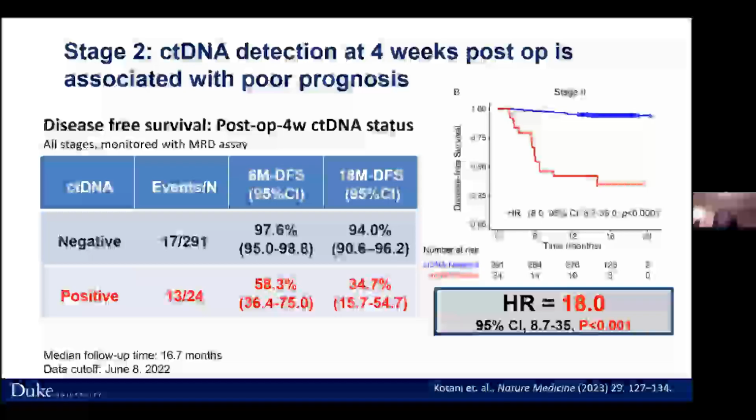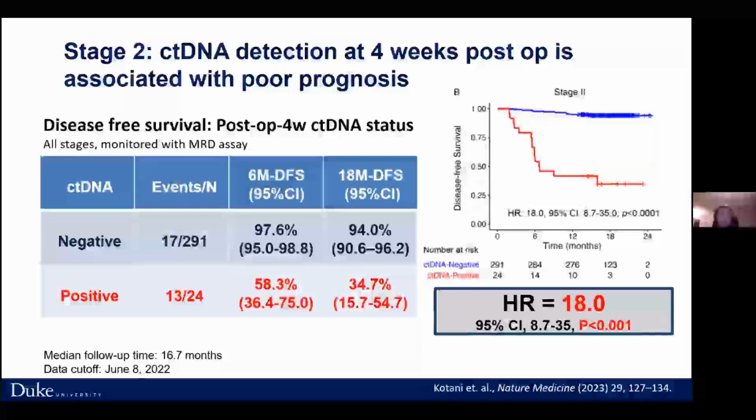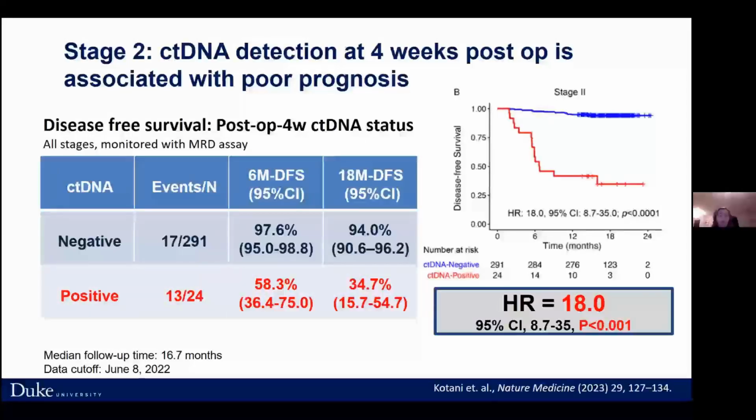If I might, I would like to add something, John. With CA, many times if I have a rising CA, I have to trend it. I don't necessarily just take one value to determine absolute recurrence unless it's a really high number. I wonder what is the value of trending the Signatera as well, meaning not reacting to the first positive Signatera, because we are still in the micrometastatic disease theoretically.